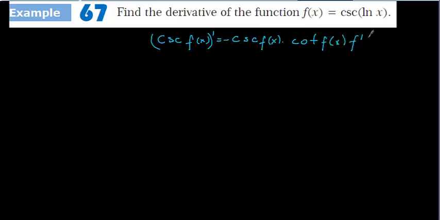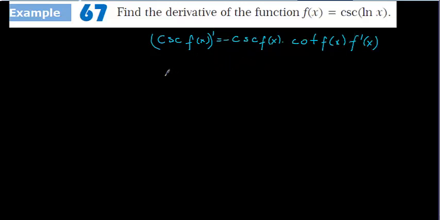Okay, the last one. I didn't explain the cosecant f(x) part, but what was the cosecant f(x) derivative, if you ask? If you remember from the table, you can check the table again and see that it is equal to minus cosecant f(x) times cotangent f(x) times f derivative x.